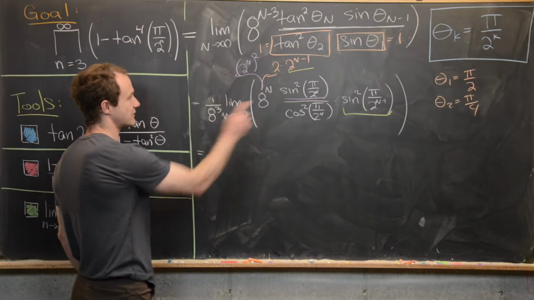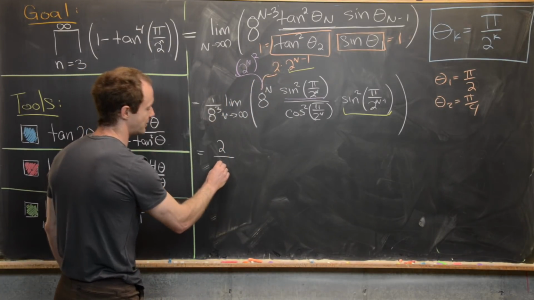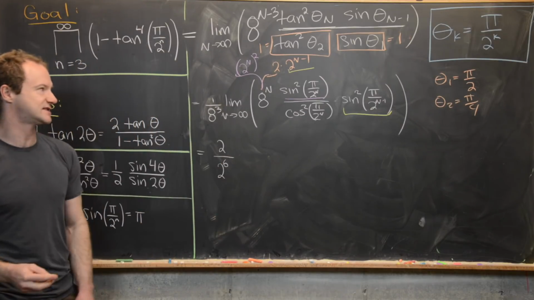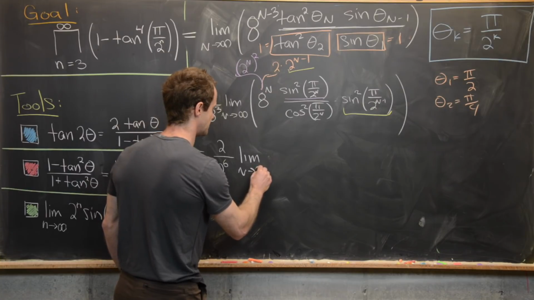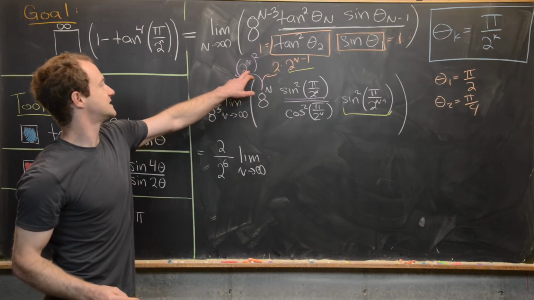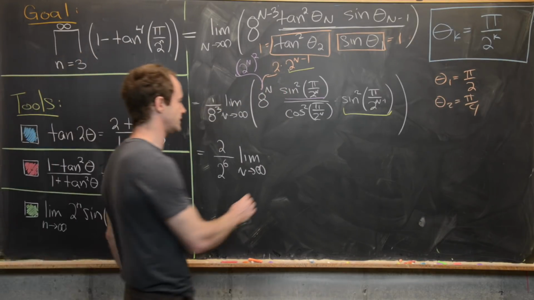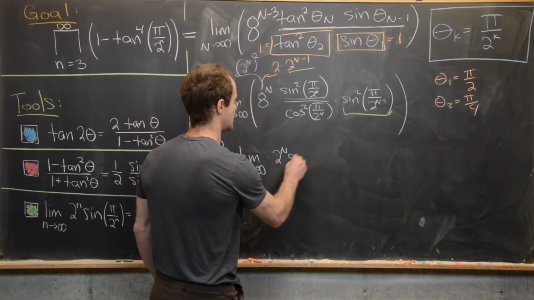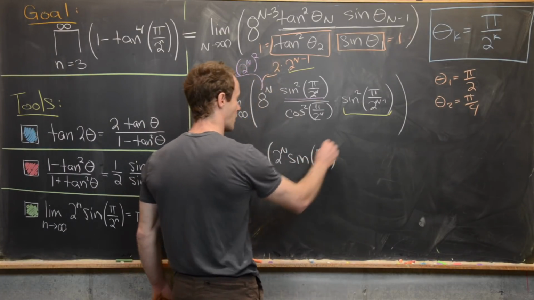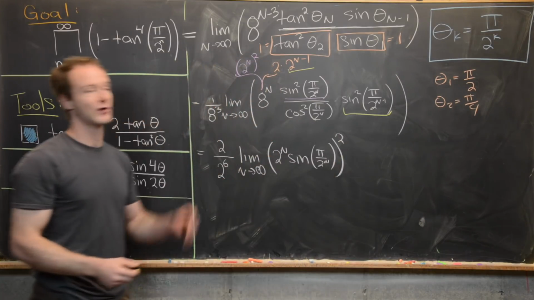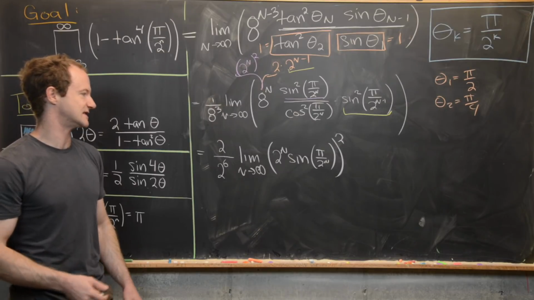Okay, so now let's rewrite this. So we've got 2. I'll bring that out front. And then I have 8 cubed, but notice that's the same thing as 2 to the 6. And now we have this limit as n goes to infinity of 2 to the n quantity squared times sine squared of pi over 2 to the n. So I'm going to write that as 2 to the n sine pi over 2 to the n, and then the quantity squared. And also I'm going to break this apart into separate limits, and I can do that because I know all of these limits exist.